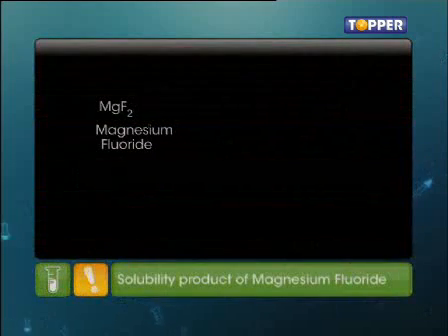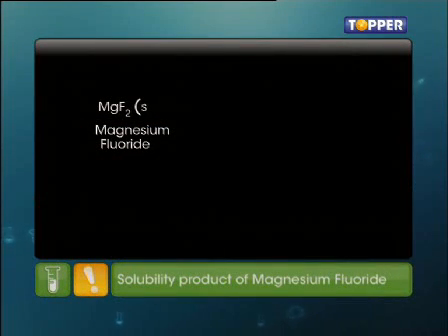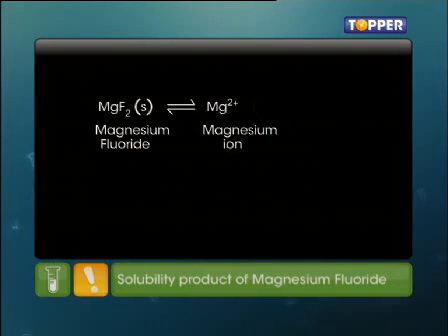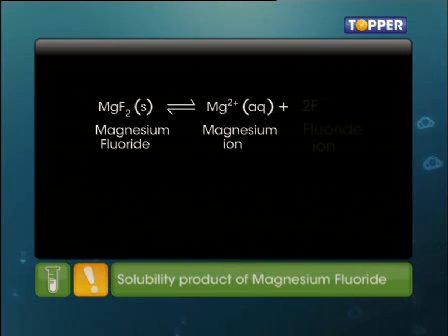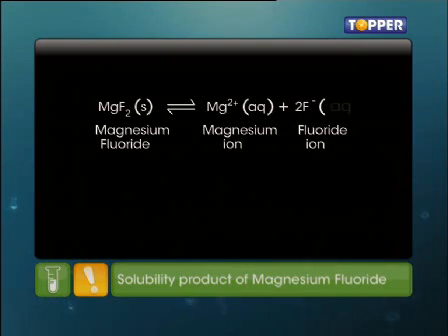Moving ahead, let's write the expression for solubility product of magnesium fluoride. Taking a look at the formula of magnesium fluoride, we can easily see that on dissociation, 1 mole of magnesium fluoride gives 1 mole of magnesium ion and 2 moles of fluoride ions.